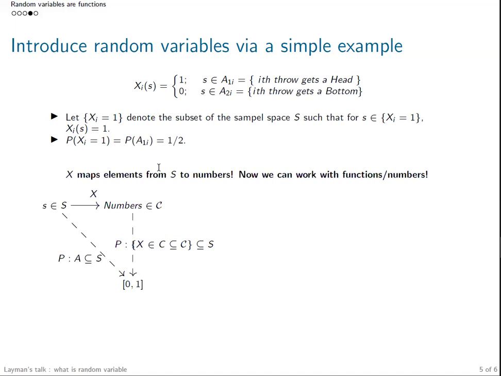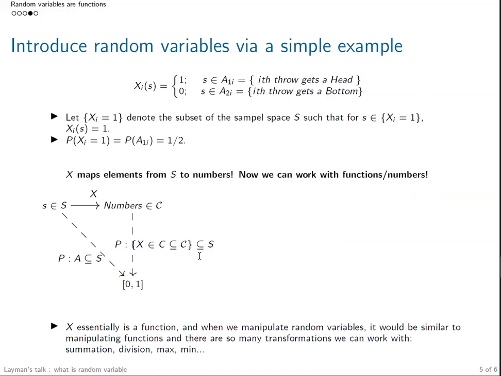Right, so here we have a function, the random variable, which maps the outcomes from the sample space to numbers. And we know the probability function assigns values within 0 and 1 to events. Similarly, we have probability values assigned within 0 and 1 to events generated by the random variable. Okay. So X is essentially a function, and we know there are many ways that we can manipulate functions, right?